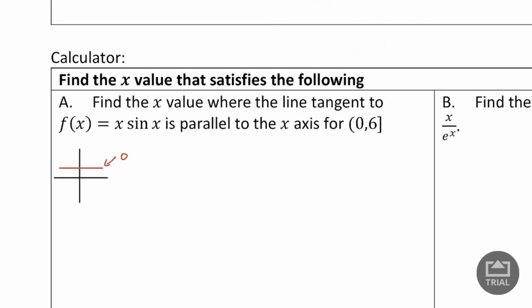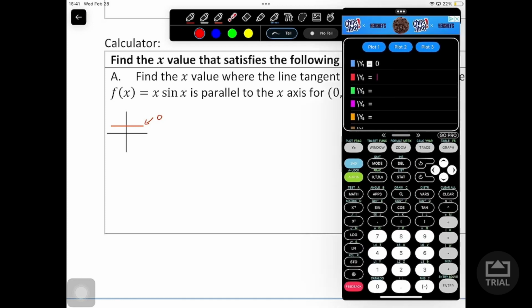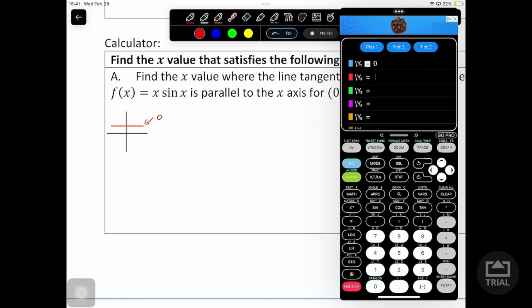Then enter. Oh, it didn't show up. That is interesting, because it should have shown up, but it didn't. There we go. Now you can see the calculator.